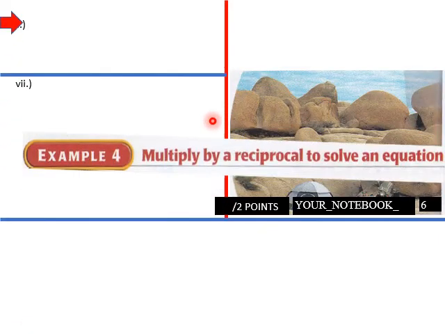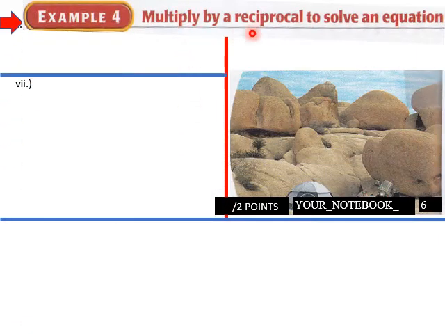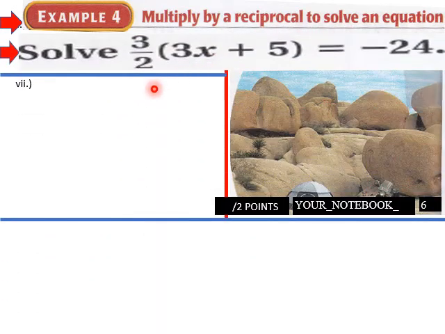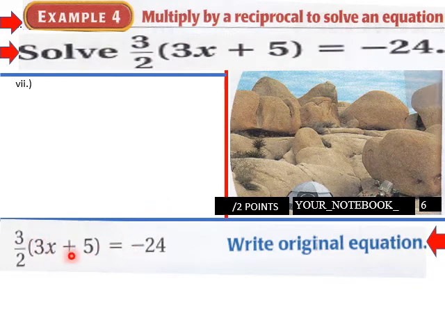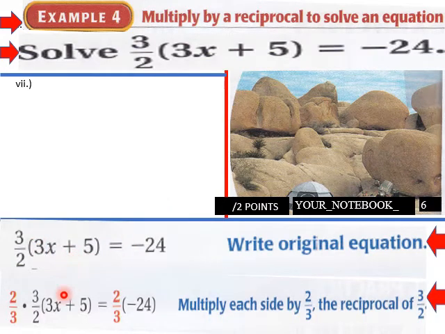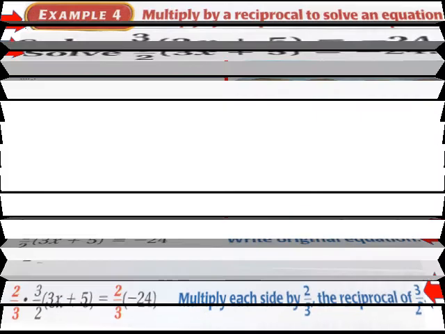Multiply by a reciprocal to solve an equation. So solve 3/2 times the quantity 3x plus 5 equals negative 24. So here it is again. Now if we multiply both sides by 2/3, this is going to go away on the left side. Multiply each side by 2/3, the reciprocal of 3/2.